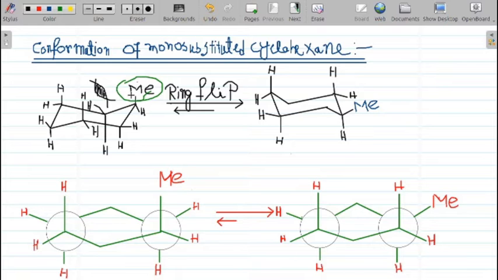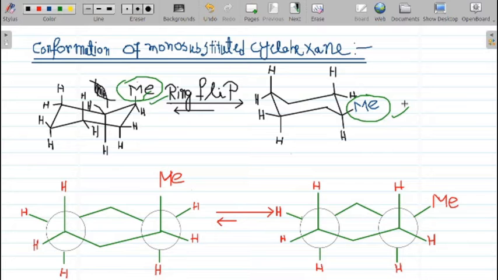One choice is to place the methyl group in the axial position, or we place the methyl group at the equatorial position: methyl group at the axial position and methyl group at the equatorial position.